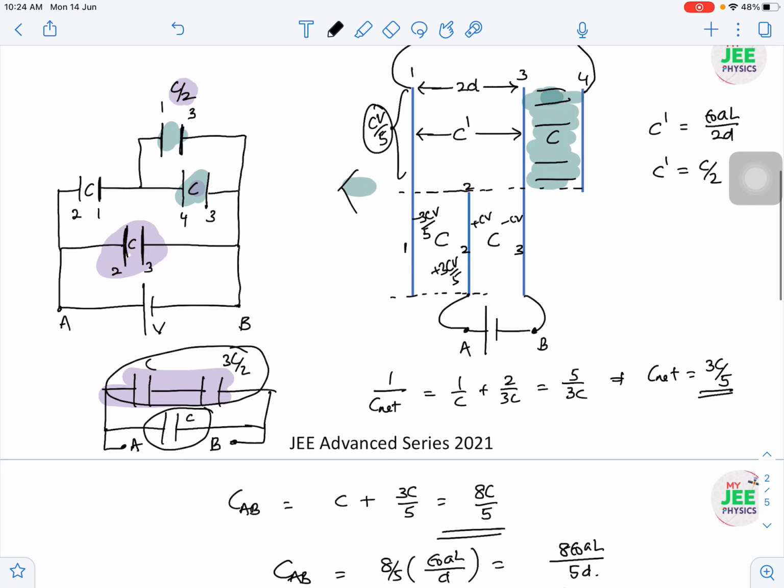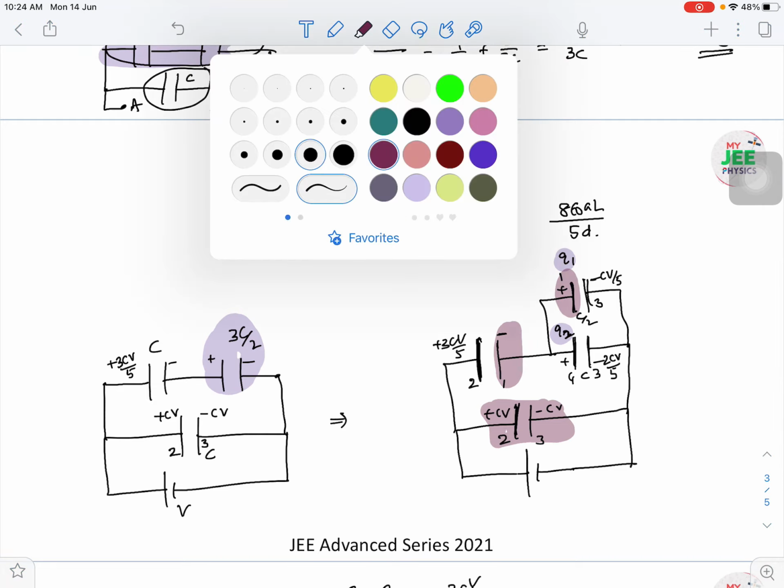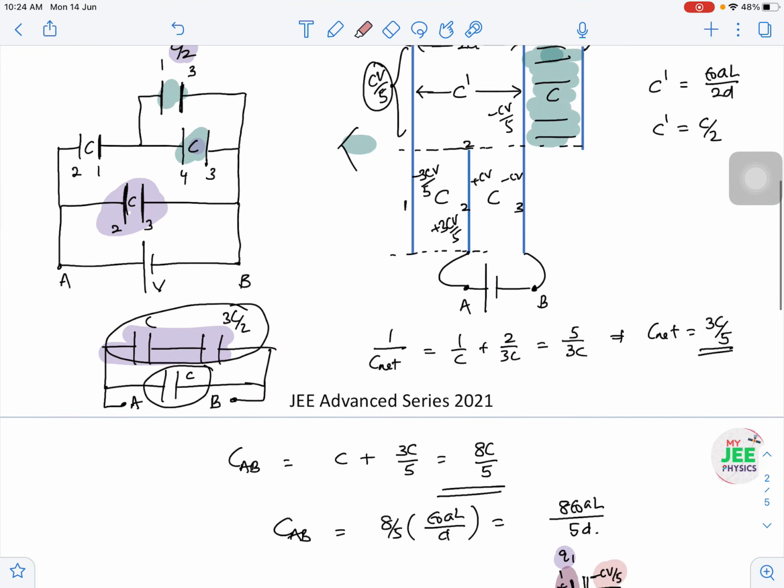Even for the third and fourth, this will be minus CV by 5. Okay? Third and fourth plates. If you see the third plate, this is minus 2CV by 5, minus CV by 5. Even minus CV is also there. Okay, already I wrote minus CV here.